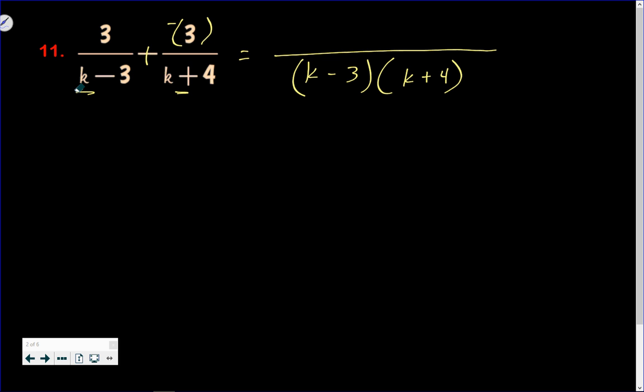Okay, so how do I get this to be the same as that? Good. Okay, what's this turn into at the top? Yeah, just distributed properly, right?